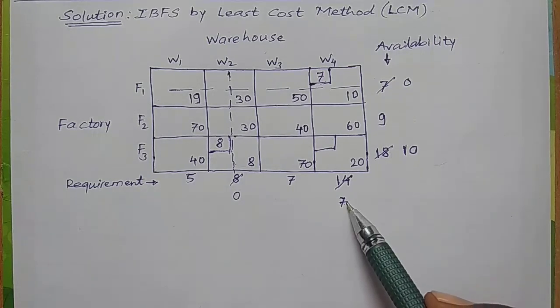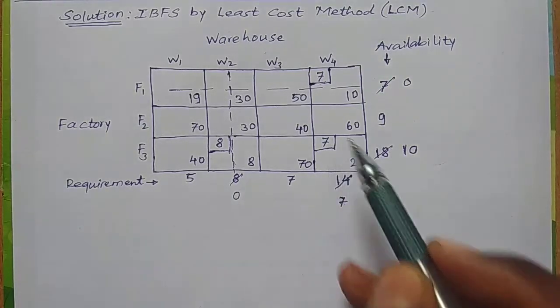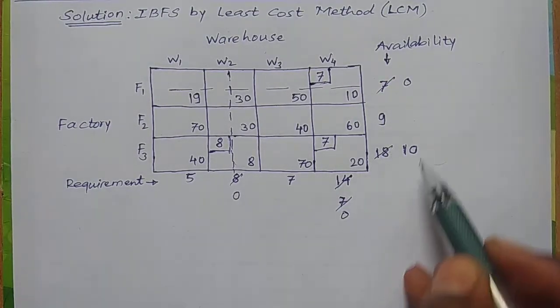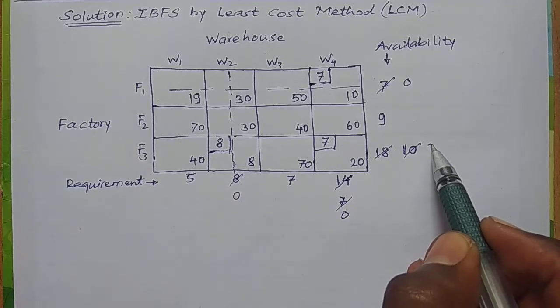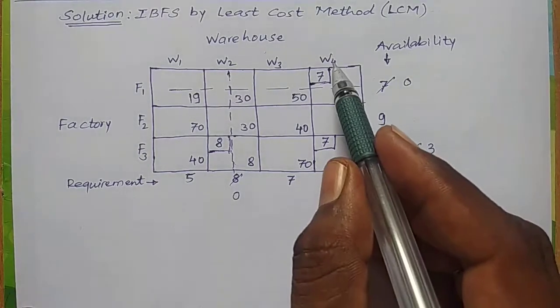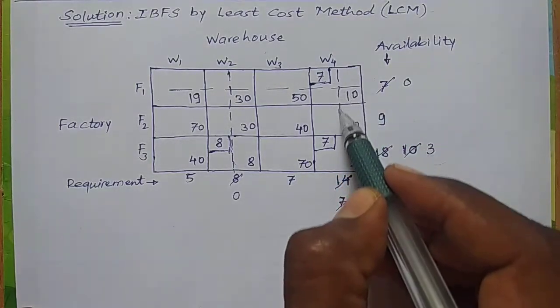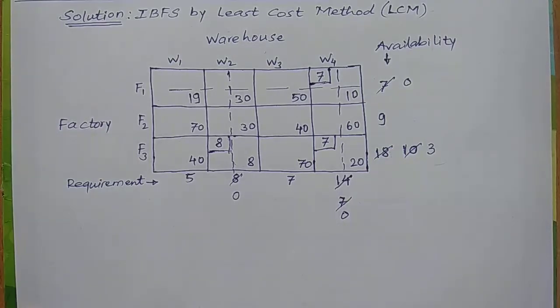Always keep in mind the minimum value between these two is to be allocated, and then make subtraction. 7 minus 7, 0. 10 minus 7, 3. Now the requirement is satisfied for warehouse W4. So let us neglect this column from further calculations.